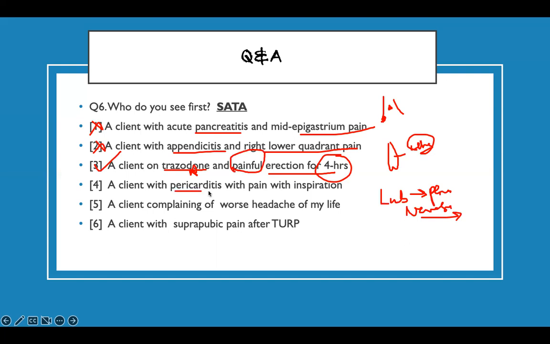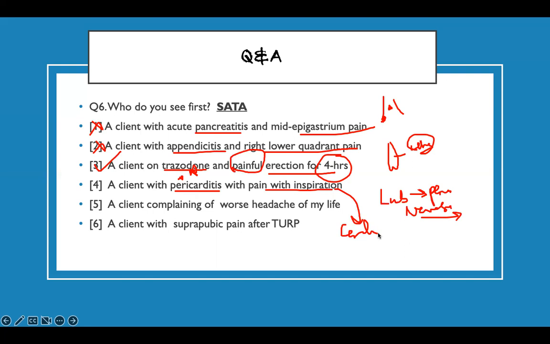A client with pericarditis with pain on inspiration. Well, it sounds dangerous. You see pericarditis, oh yeah, pain. Well, no, he has pain with inspiration. This is expected. He doesn't tell me that he's in cardiac tamponade. That is the problem I'm worried about. That will become a shock problem because it's going to push on the heart.